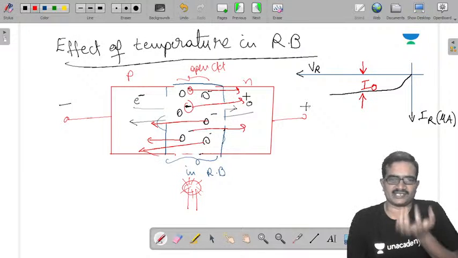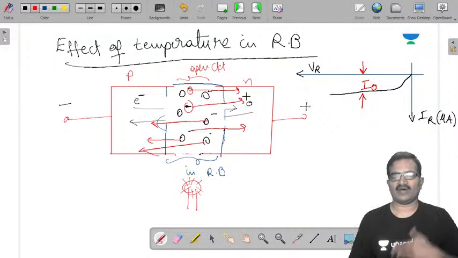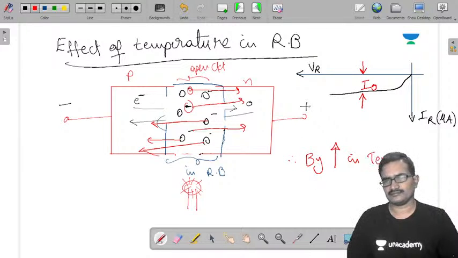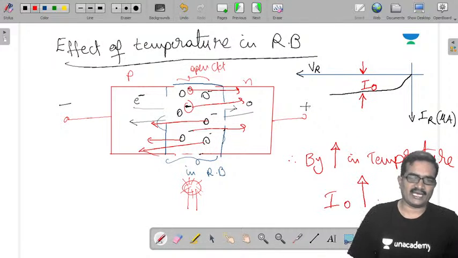Now these charge carriers are crossing the junction. That's why more charge carriers are crossing the junction per second. Now I naught value is increasing. Therefore, by increasing temperature, I naught value increases.